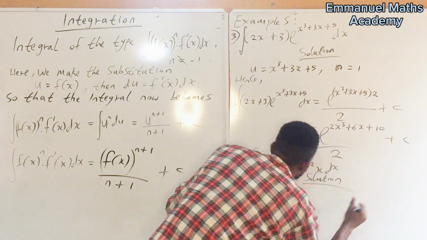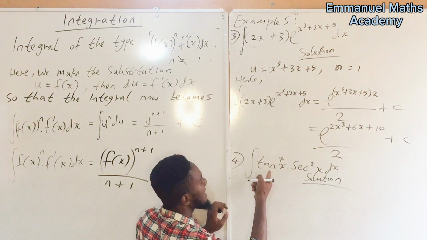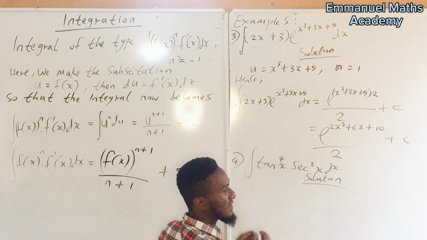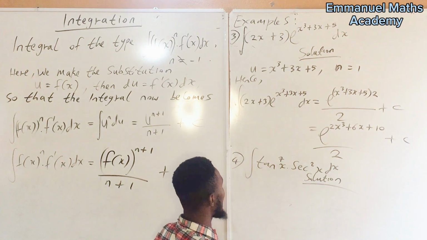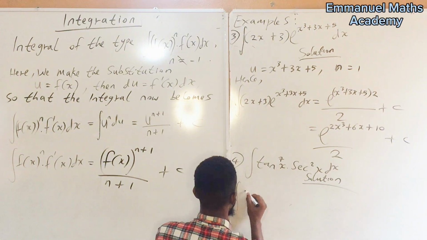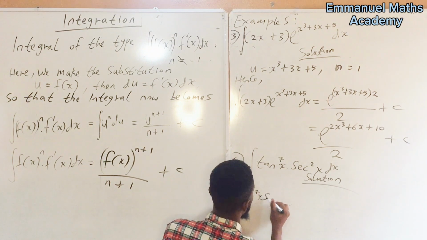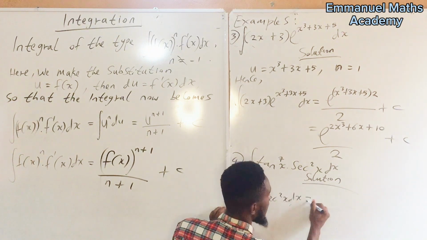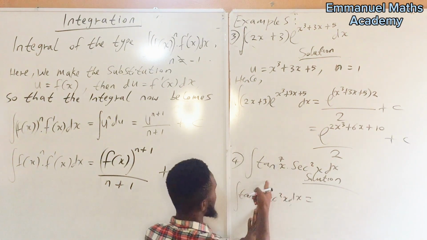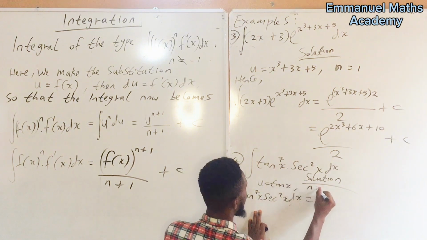Solution: you can see that sec^2 x is the derivative of tan x, because if you differentiate tan x, you have sec^2 x. Now our u is tan x, and our n is 7.